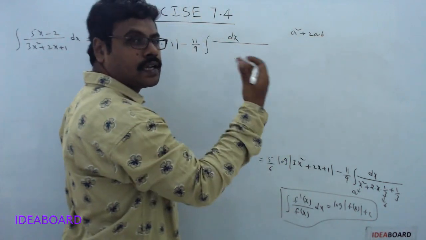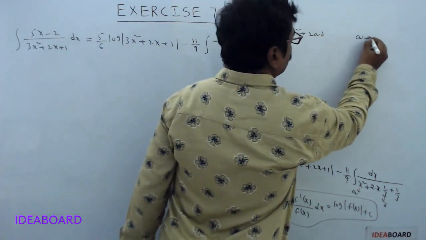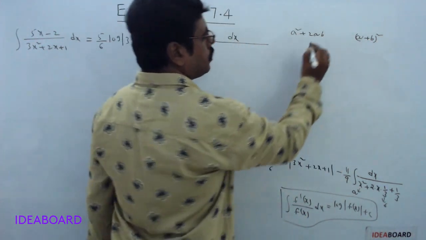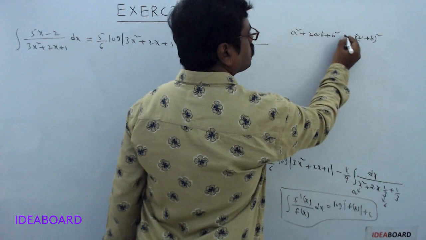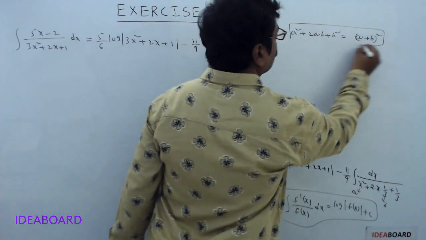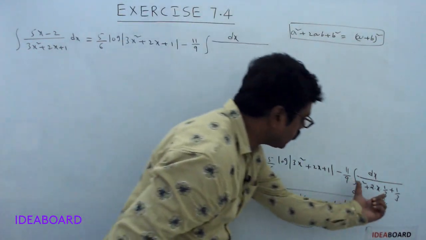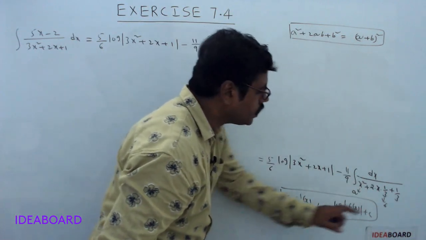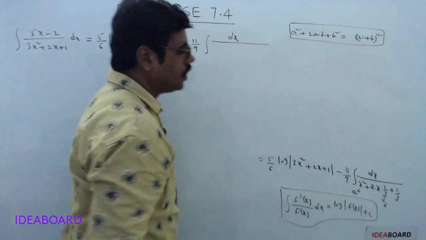To make this expression as a perfect square, that is a plus b whole square form, we need one more term. What is that term? B square. So in order to convert this expression as a perfect square, we are adding and subtracting with 1 by 3 whole square.